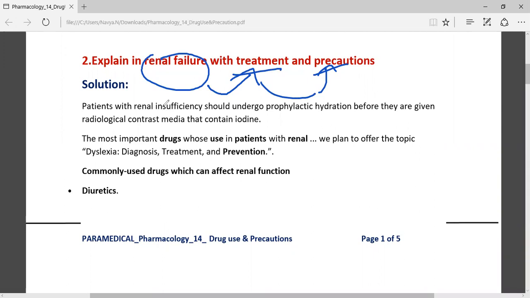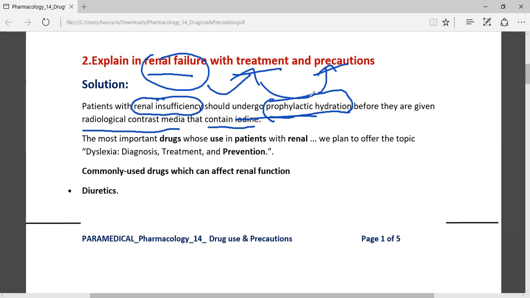If the patients are suffering with renal failure or any insufficiency, then they should undergo a prophylactic hydration before they are given any radiological contrast media that contain iodine. They have to go through the prophylactic hydration.